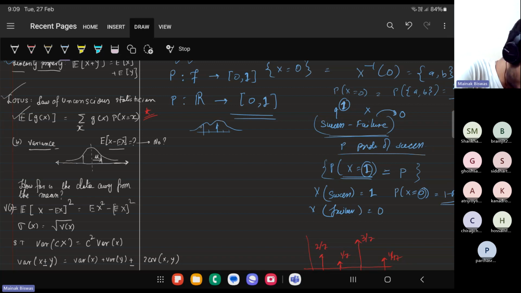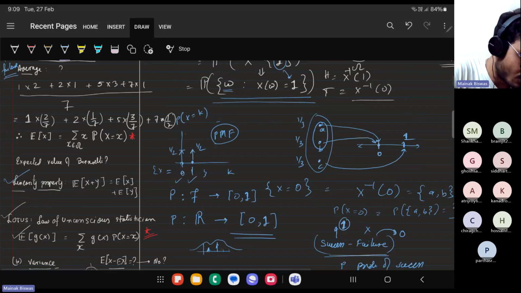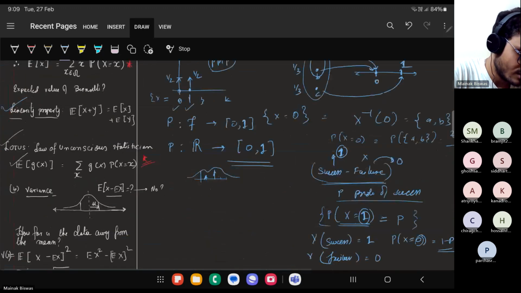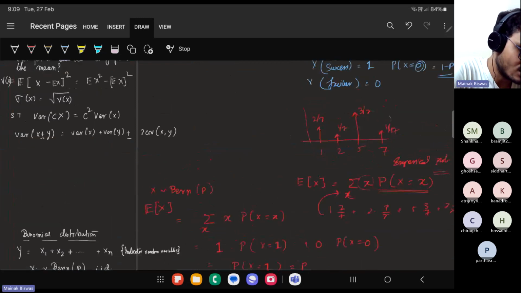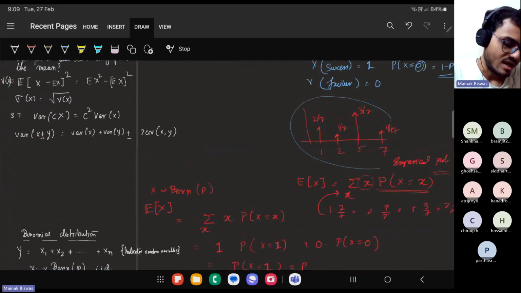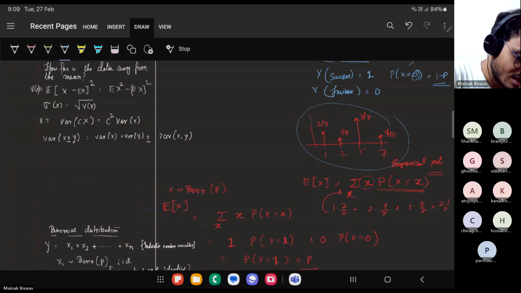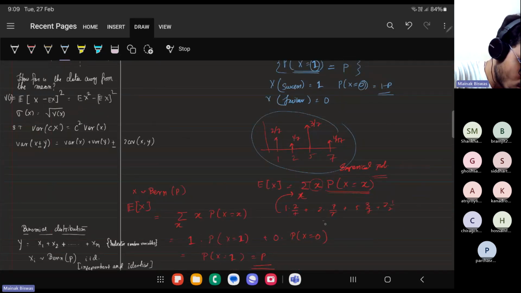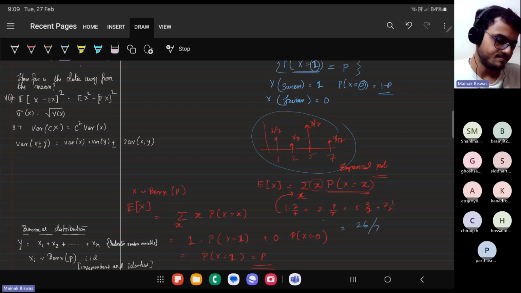That is, it will have different PMFs, like just now was pointed out. Where is that function? This is the function, right? And the mean turned out to be how much? Let us see: 2 by 7, 4 by 7, 15 by 7, 9 by 7, and 26 by 7, I think.